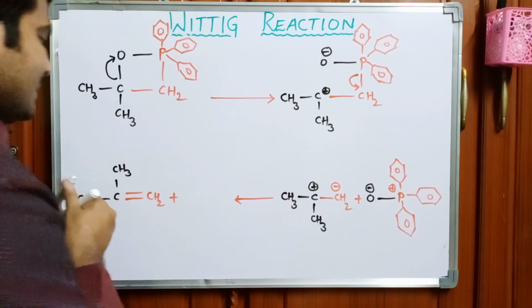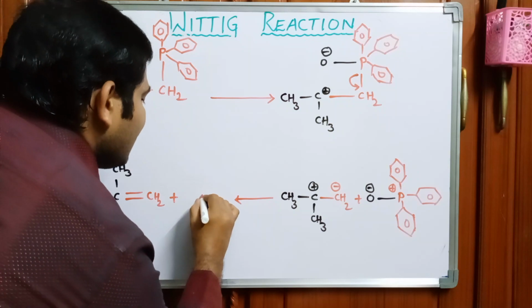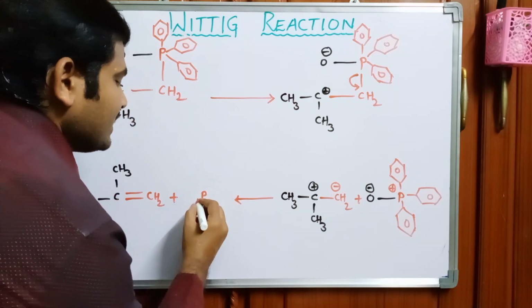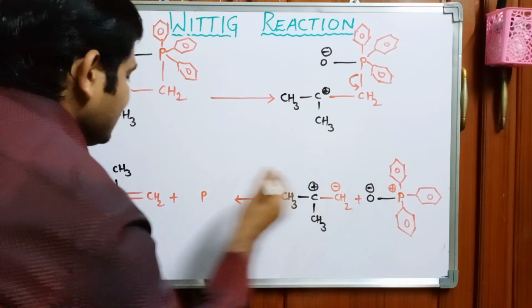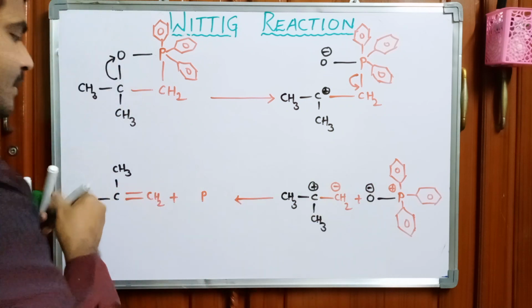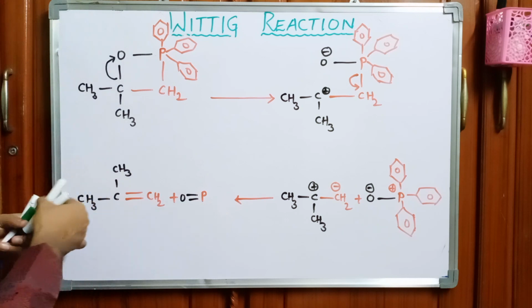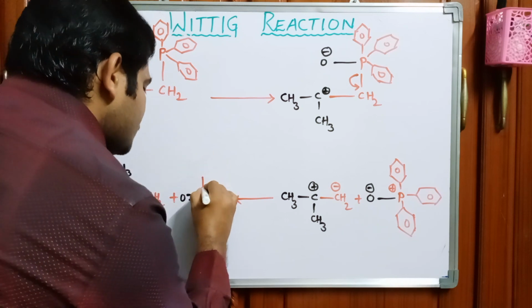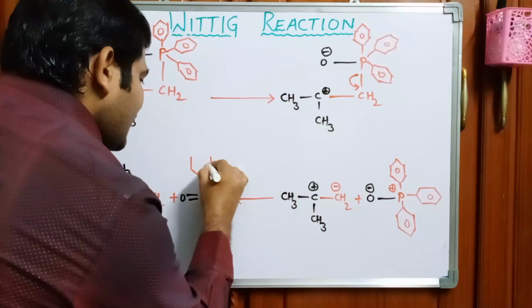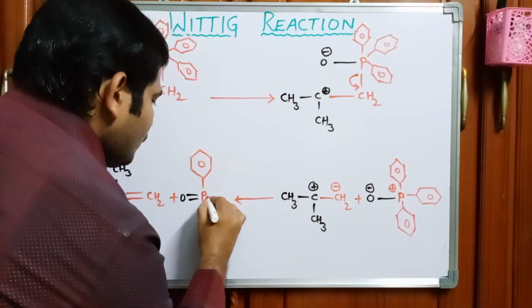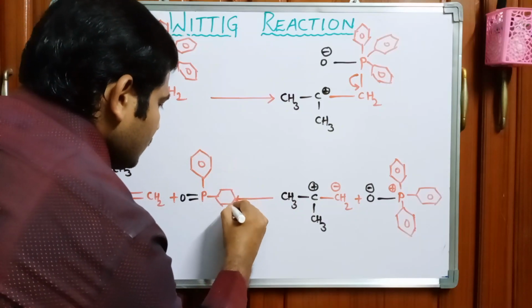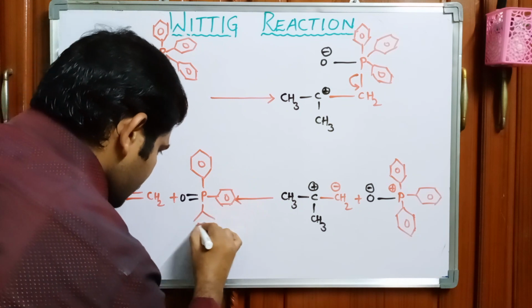What is that? Alkene plus another product. What is that? Phosphorus oxide form. How many phenyl groups are substituted here? 3 phenyl moieties are substituted. 1, 2, 3.